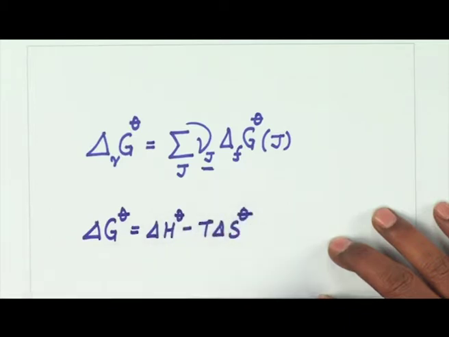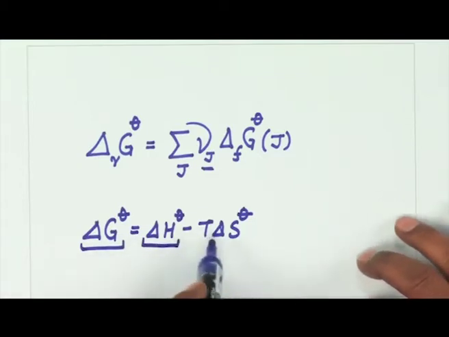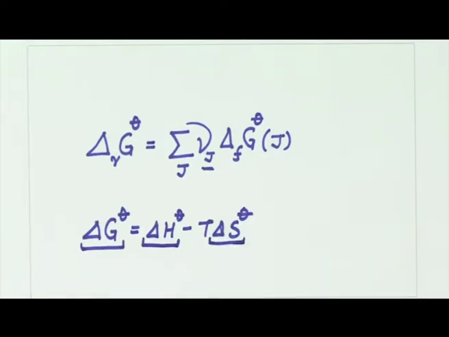So, change in Gibbs free energy we can very easily determine if we have the information on enthalpy of the reaction and also change in entropy. Both delta H and delta S can be determined by calorimetry. Delta H can be determined if we know how much heat has been supplied at constant pressure, and for the entropies you have to have the information on heat capacities.